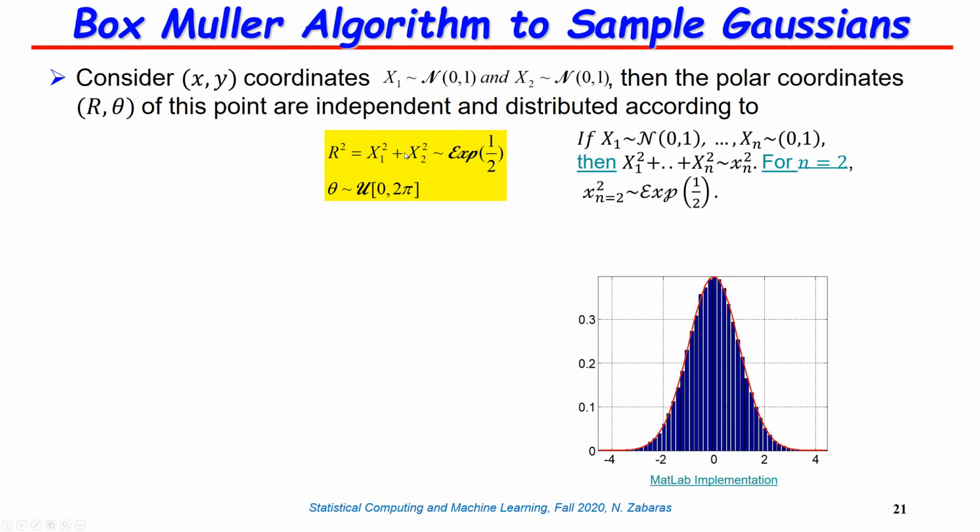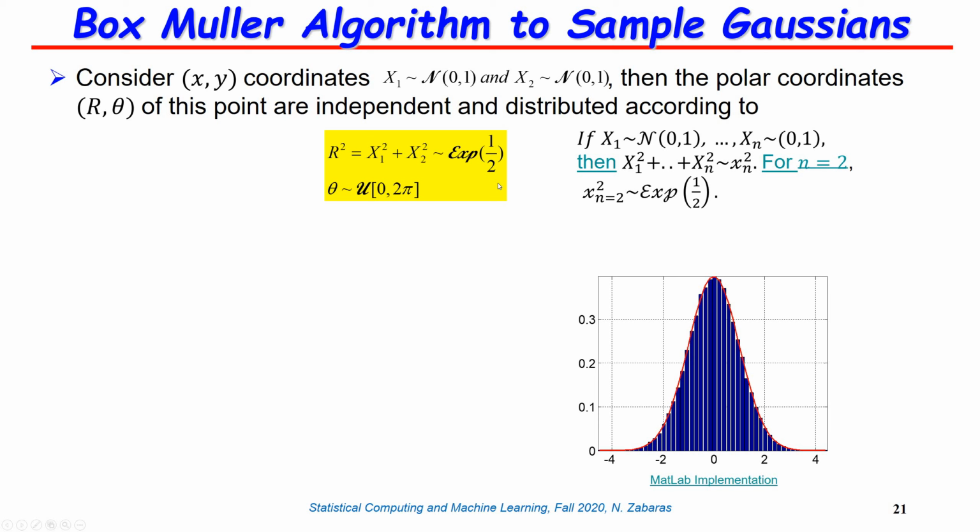So r squared is x1 squared plus x2 squared. And immediately you see from this theorem that if x1 and x2 are standard Gaussians, r squared is going to be a sample from the exponential distribution with parameter 1/2.